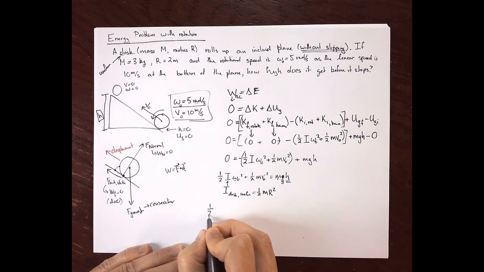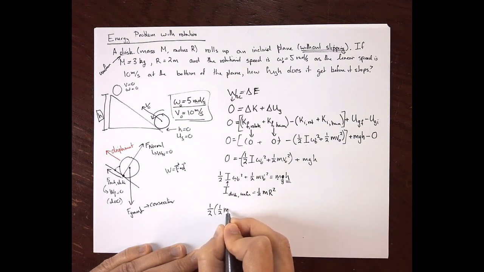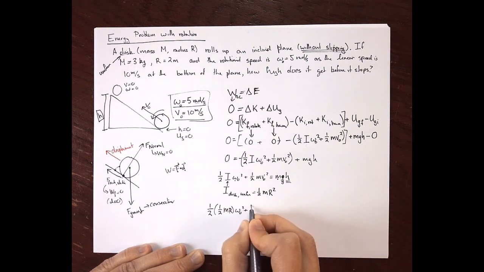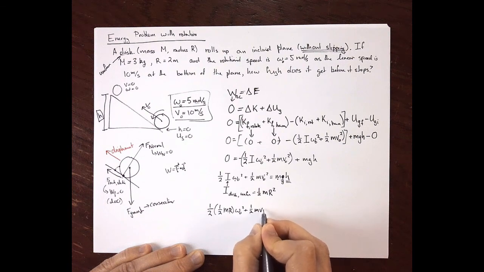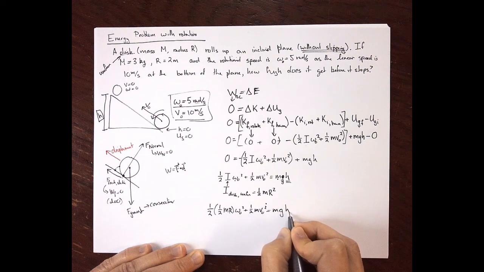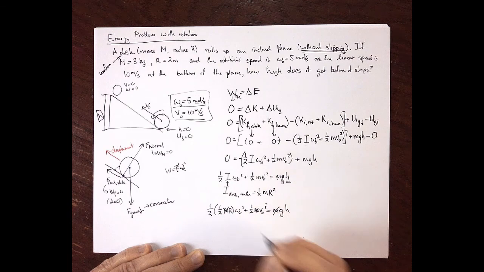So this will be 1/2, plug in this for the moment of inertia, times omega naught squared plus 1/2 mass v naught squared plus mgh, and every single term's got a mass, so let's cancel it. There we go.